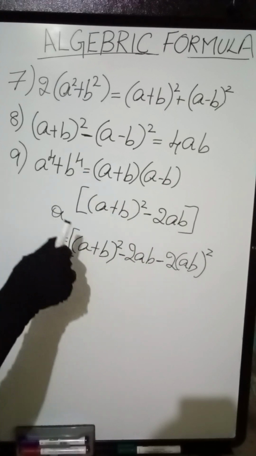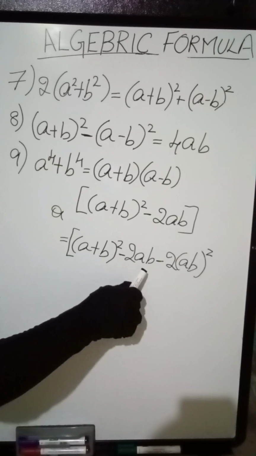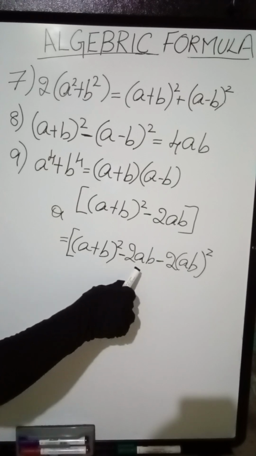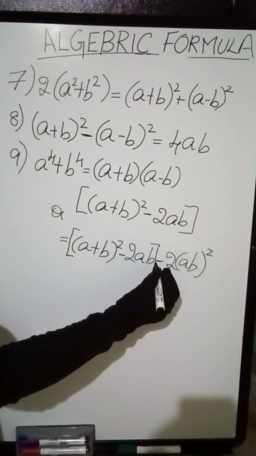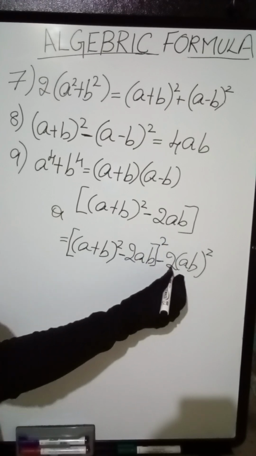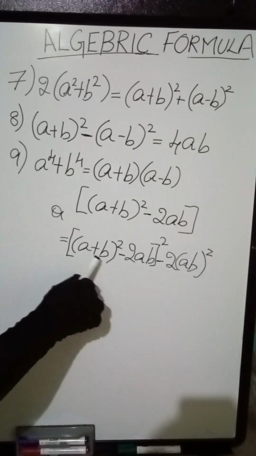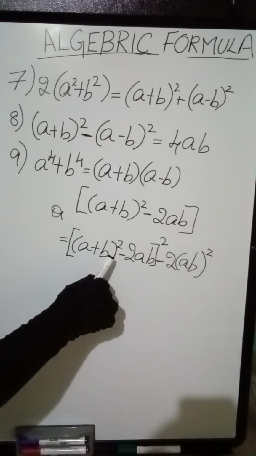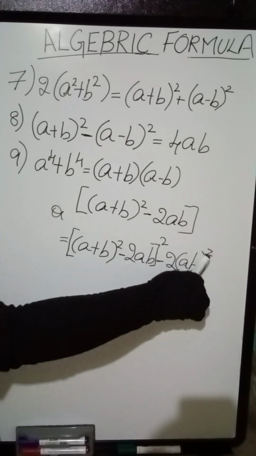If not, you can also use it as a plus b the whole square minus 2ab the whole square minus 2ab square. That will be the formula, a plus b the whole square minus 2ab the whole square minus 2ab square.